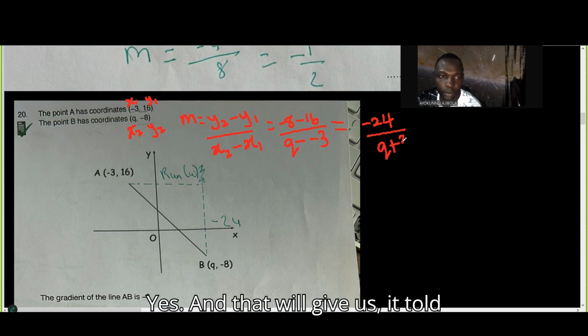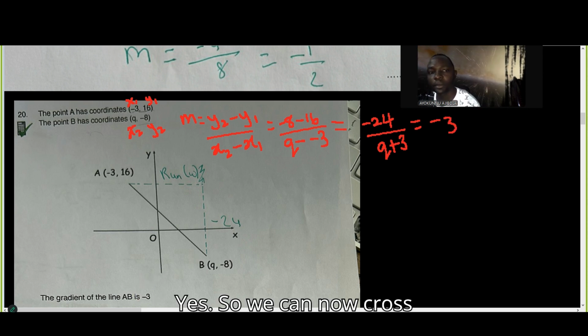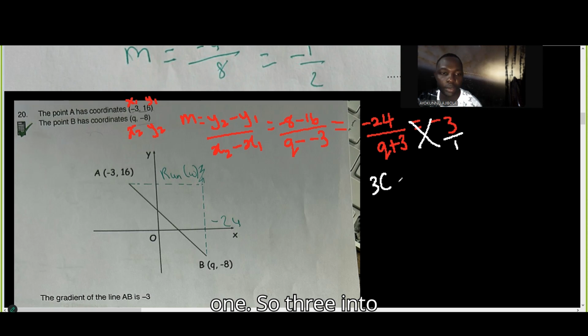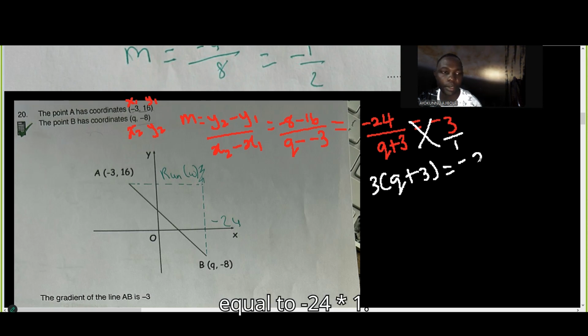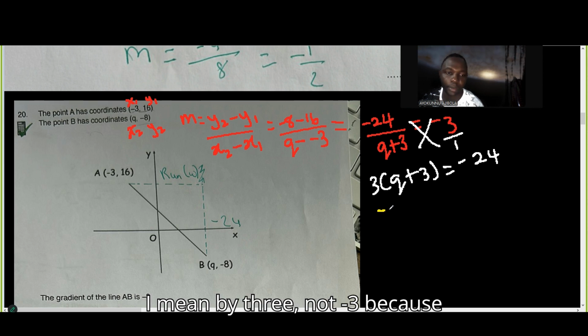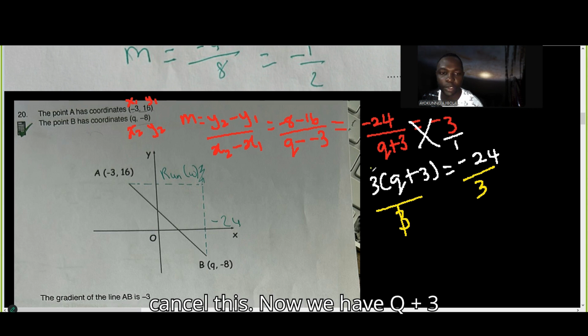And that will give us, they told us it's -3, right? Yes. So we can now cross multiply. This is over 1. So 3 into Q plus 3 equal to minus 24 times 1. So we can divide both sides by 3, because of the 3 outside the bracket, so this cancels this.